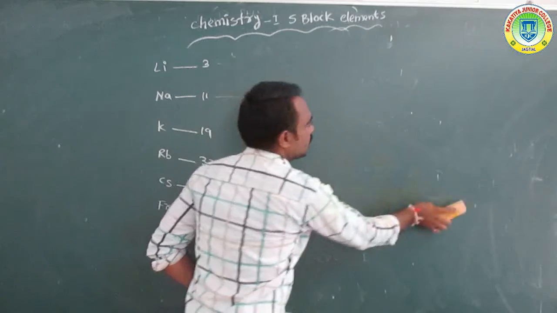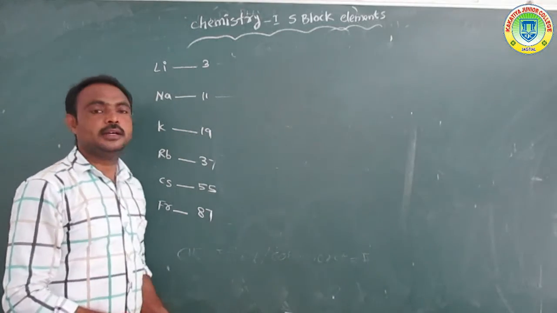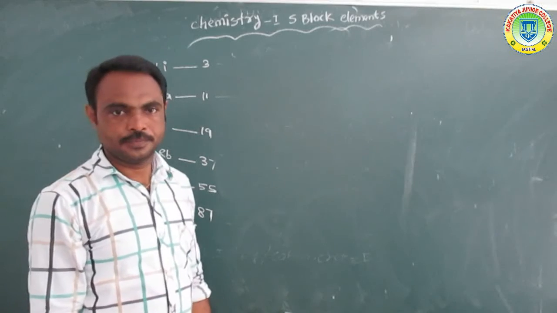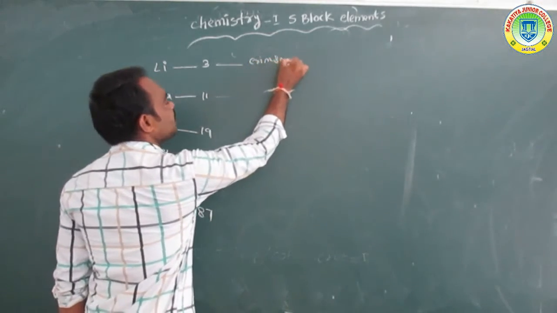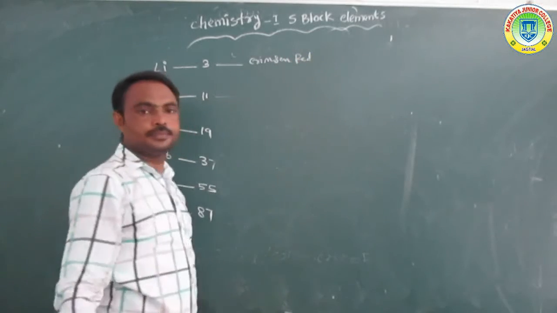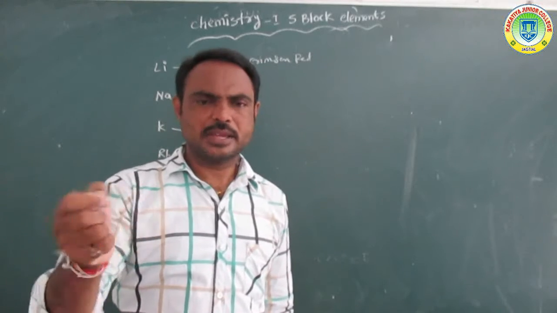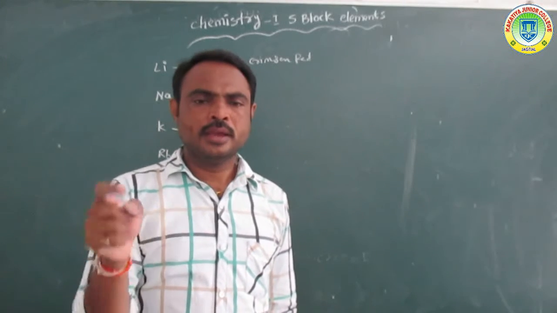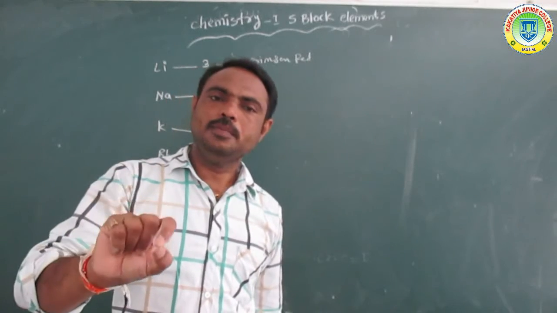Listen, these elements exhibit different colors in the flame. Lithium gives a crimson red color, a mixing of cream and red.